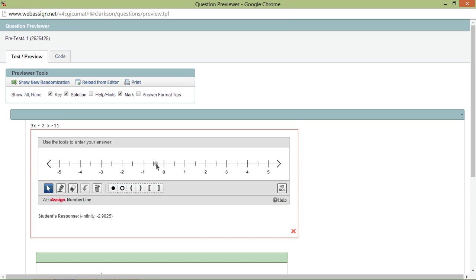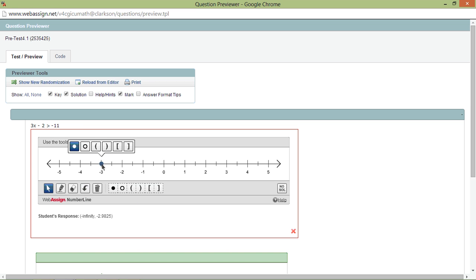You say, yeah, I want to get rid of it. So it takes a little bit of practice, but without too much practice, you should get fairly adept at it. And I just tap in there. There is a tolerance. It doesn't have to be exactly on negative 3. It has to be, I think, within 1/10 either way, and it'll count it as correct.